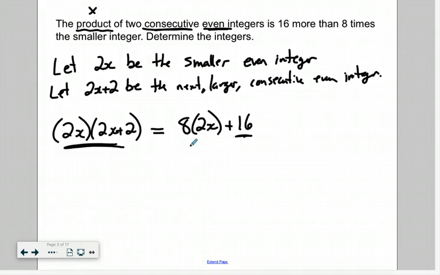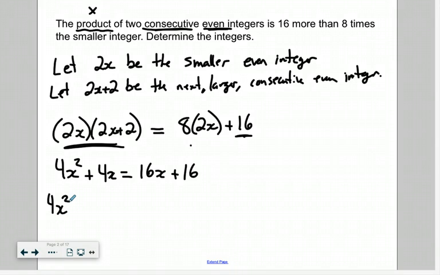We can start expanding, right, to try and make this look a little bit more quadratic. So we get 4x squared plus 4x is equal to 16x plus 16. Let's bring everything over and set it equal to 0. So what we'll get is 4x squared, 4x minus 16x is going to be negative 12x, and then negative 16 is equal to 0.